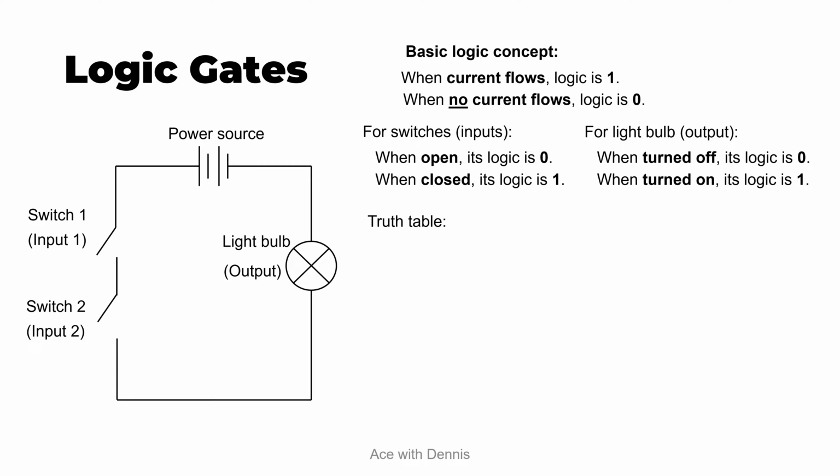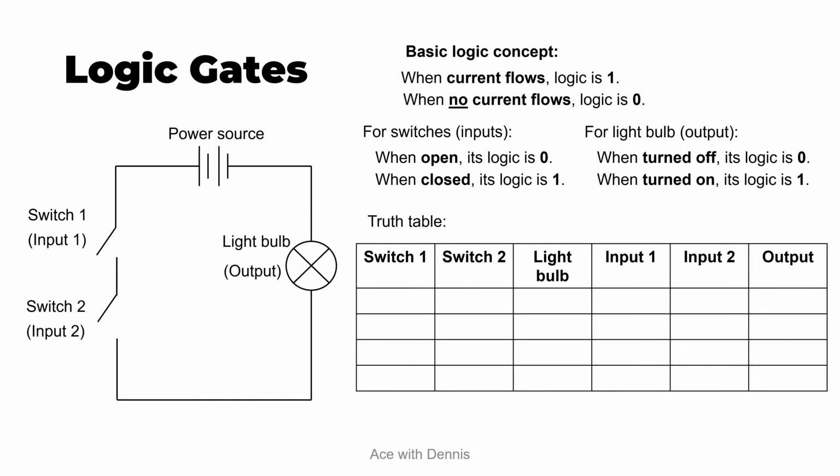Therefore, here is the truth table of this circuit. So when the switch 1 is open and the switch 2 is open, the input 1 will be 0, input 2 will be 0, and the light bulb will be turned off as there is no current flowing through the circuit.